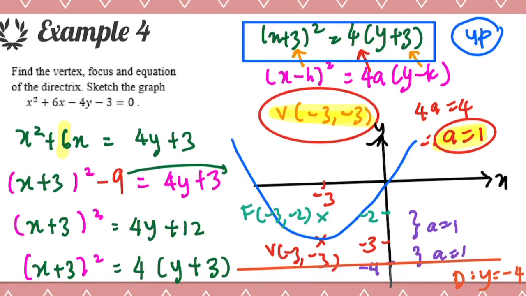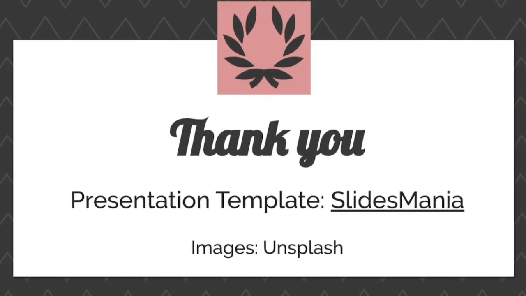Therefore, we can conclude our answer right now. We have a vertex of -3, -3, our focus right here at -3, -2, and also the directrix here is y equal to -4. We can get all of these coordinates by graphing the graph. So that's all for the topic of parabola.